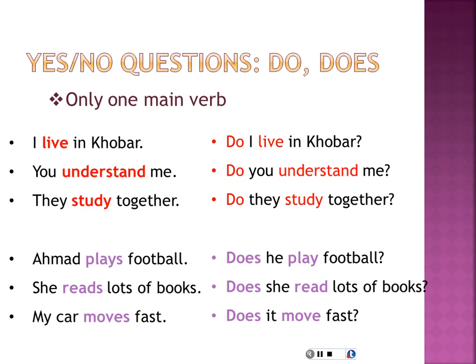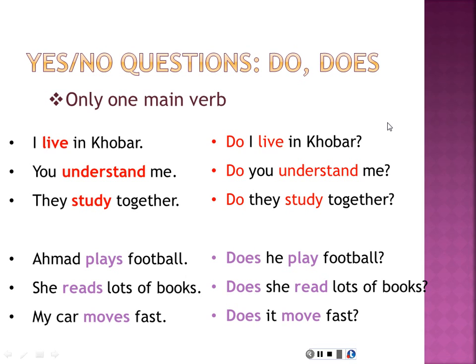So to change it into a question we say, is he a teacher? So this is how we change it into a question. The other case, when we have a main verb in the sentence, other than is or are, we use do and does to make questions.